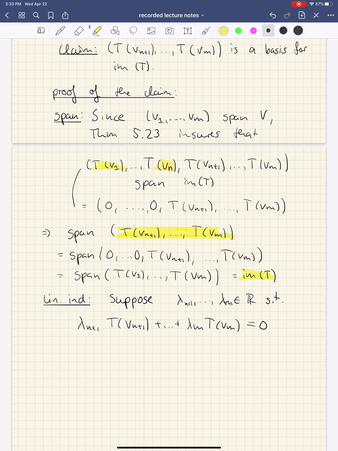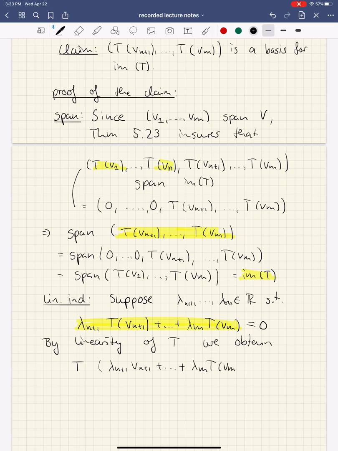Okay. And now the same reflex as in the first proof. We have here a linear combination of things with T. So what can I do? I can use linearity of T. By linearity of T, we can pull this out. Great.